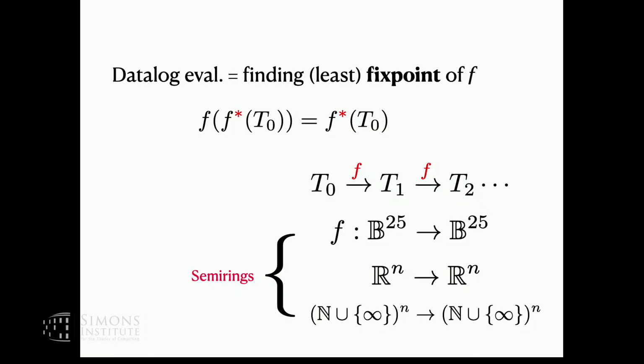We were working with the semiring of Booleans before, and we generalize this to work over the semiring of reals, or the semiring of tropical numbers. We can encode more interesting programs, maybe like matrix multiplication, and also shortest path programs. So we can encode it like this. In general, the goal of Datalog evaluation is to find a fixed point for the function f, such that applying f one more time to the fixed point doesn't change it.